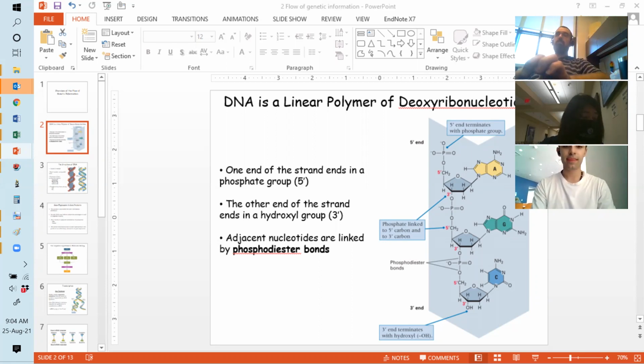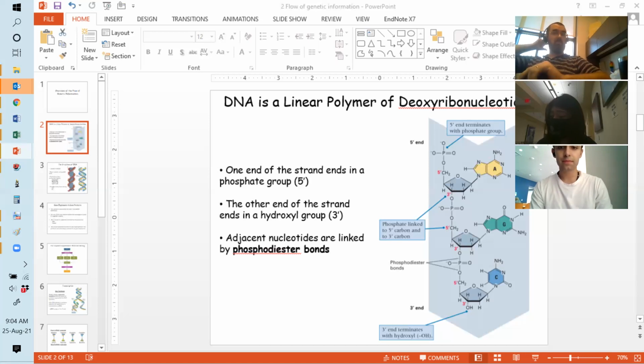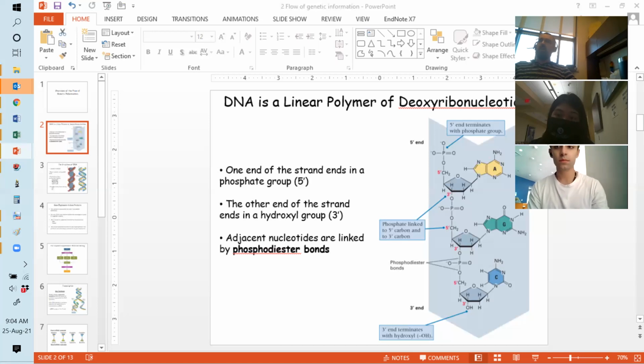The phosphate and the sugar are the same for all nucleotides, all DNA nucleotides at least. DNA and RNA are different. Does anybody know the difference at the nucleotide level at least? Actually, there's two differences between DNA and RNA.